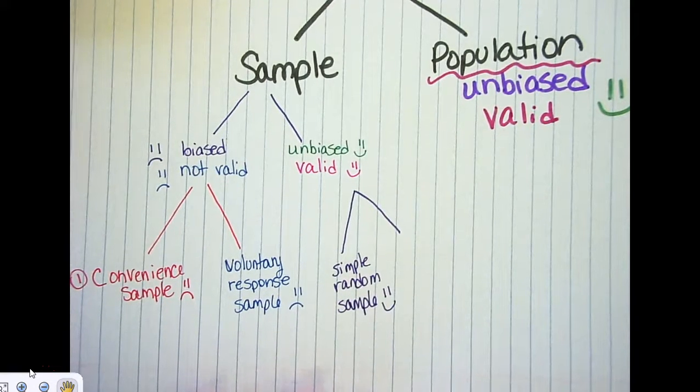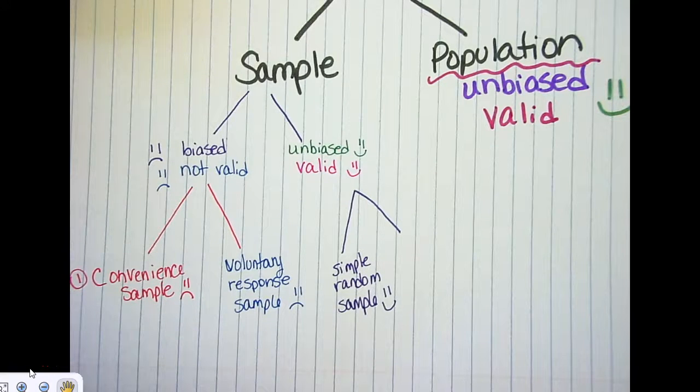So if I was going to collect data about 7th graders at this school, you know how I have locker duty right after 3rd block. So I might just stand down there and just ask random people when they walk by and make sure it's not just my students, but students from the other team. That might be a way to take a simple random sample. But I would have to make sure that I ask boys and girls from all classes. But that's a simple random sample.